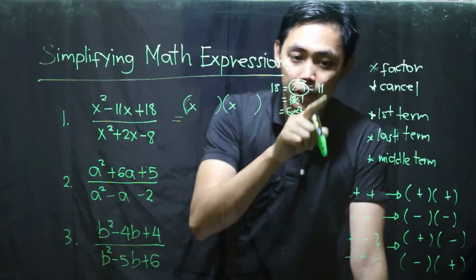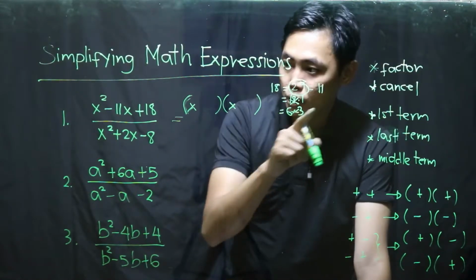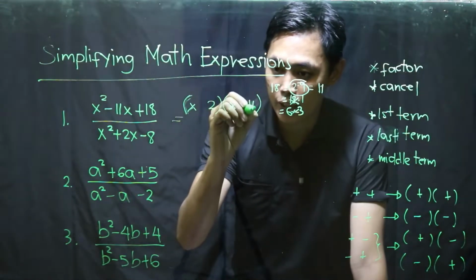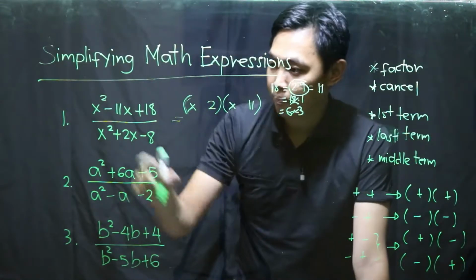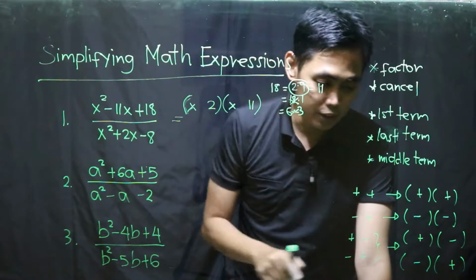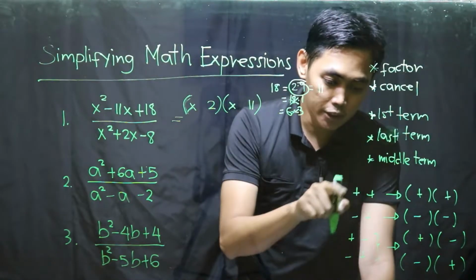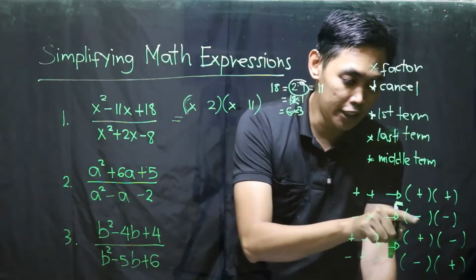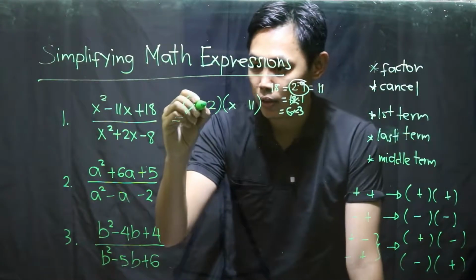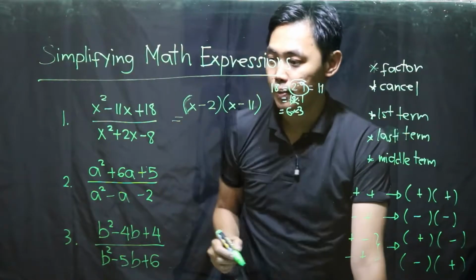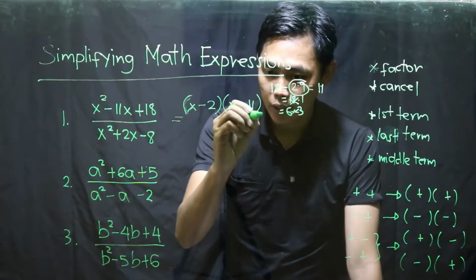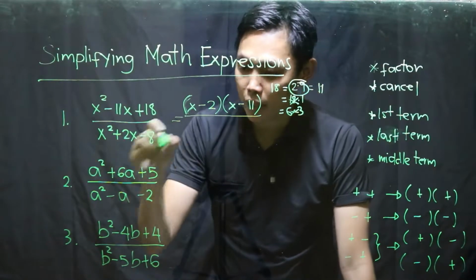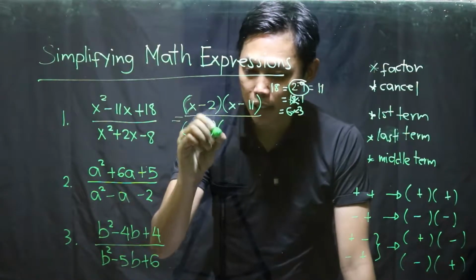Next we will put 2 here and 9 here. We have minus plus, so our sign is minus minus. Put a horizontal line, and then we will factor the denominator.